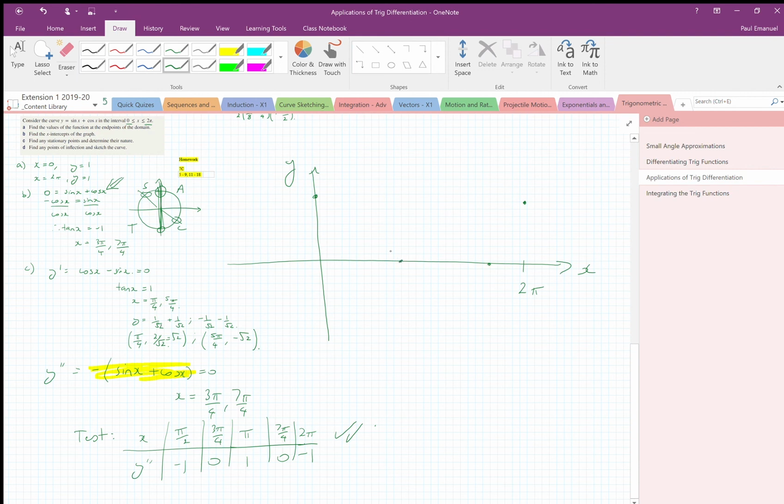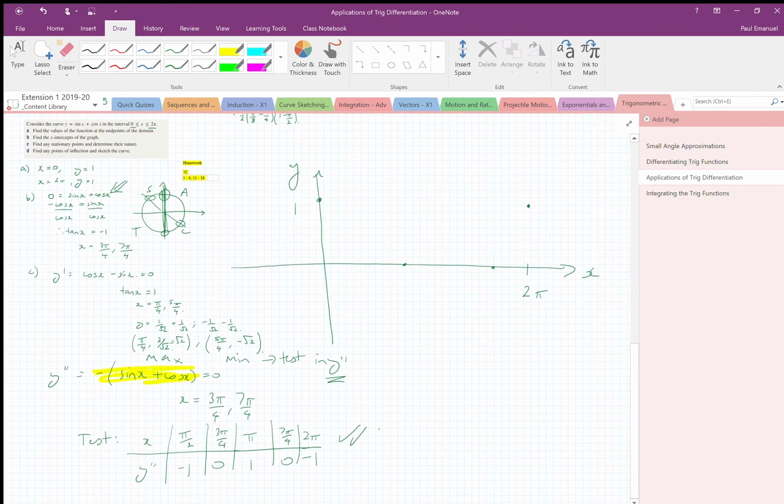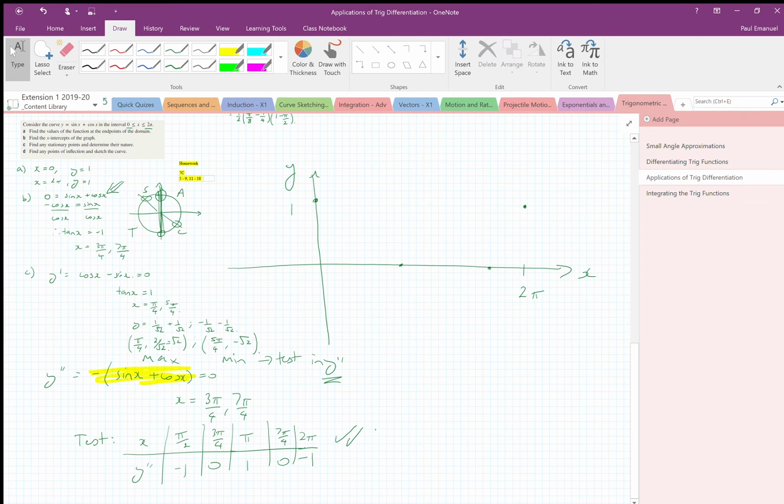I've got turning points at pi over 4 and root 2, which is up. Sorry, I forgot to determine their nature, but this, when I do it, will be a maximum, and this will be a minimum. So you'd have to test it in the second derivative. Sorry about that. This video is getting too long already. So, something like this. Inflection point, like that.